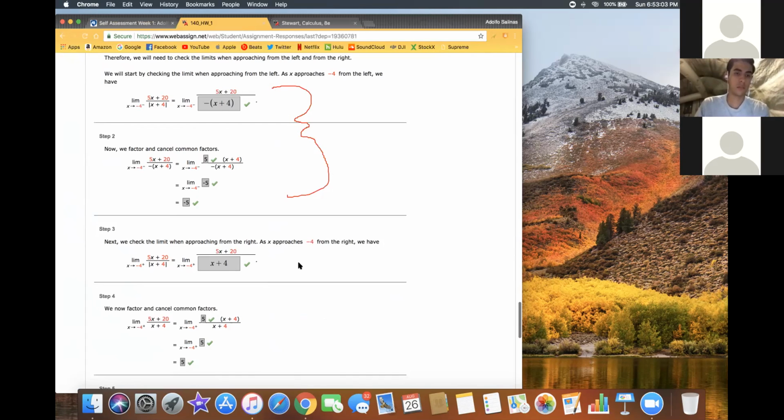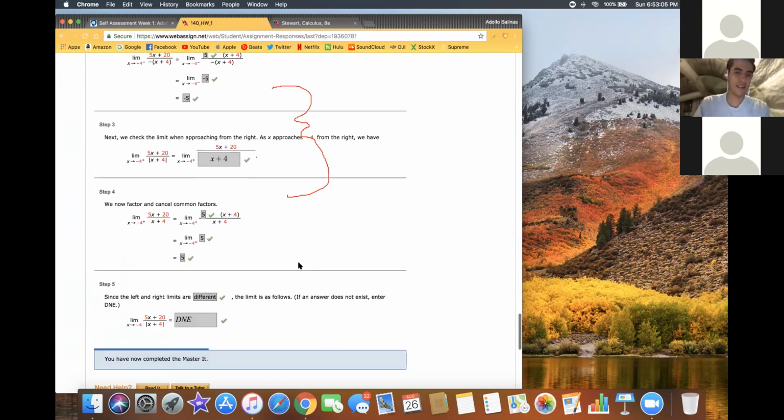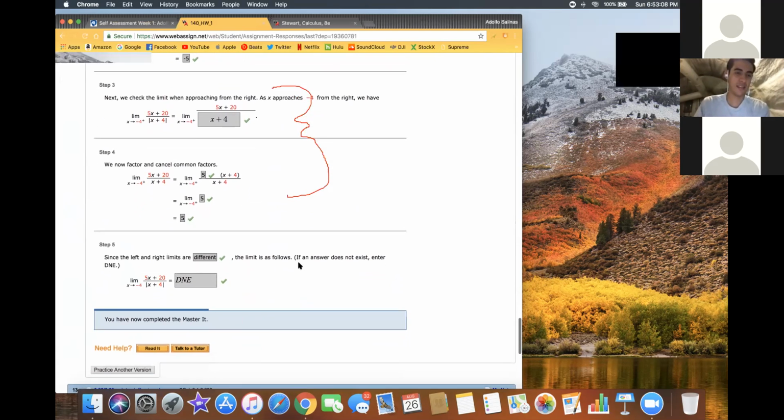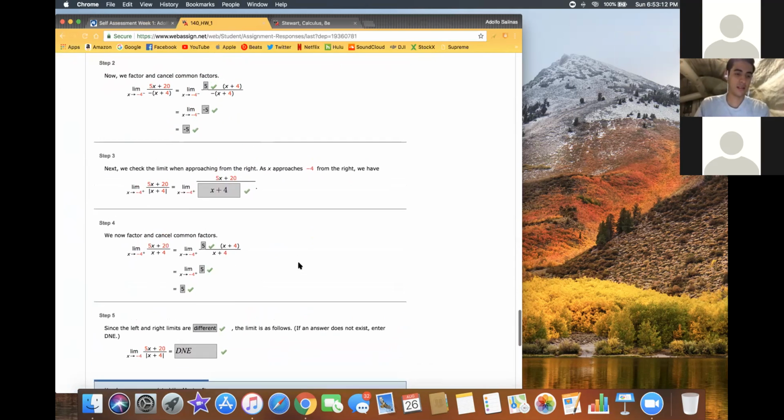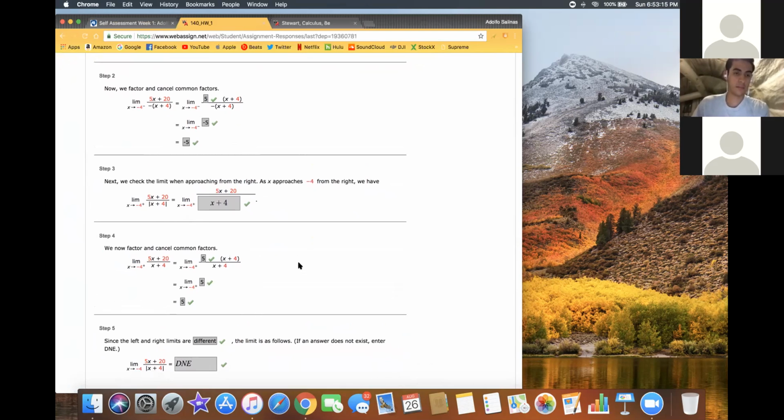I don't actually have any control, but I was trying to point out that step 1 and step 2 are very specifically taking it from the left, for those people watching retroactively. Then in step 3 and step 4, we've got the limit coming in from the right. This is the exact same thing we were doing earlier. On the left we have an answer, and on the right we have an answer. The answers are different, so the limit does not exist.